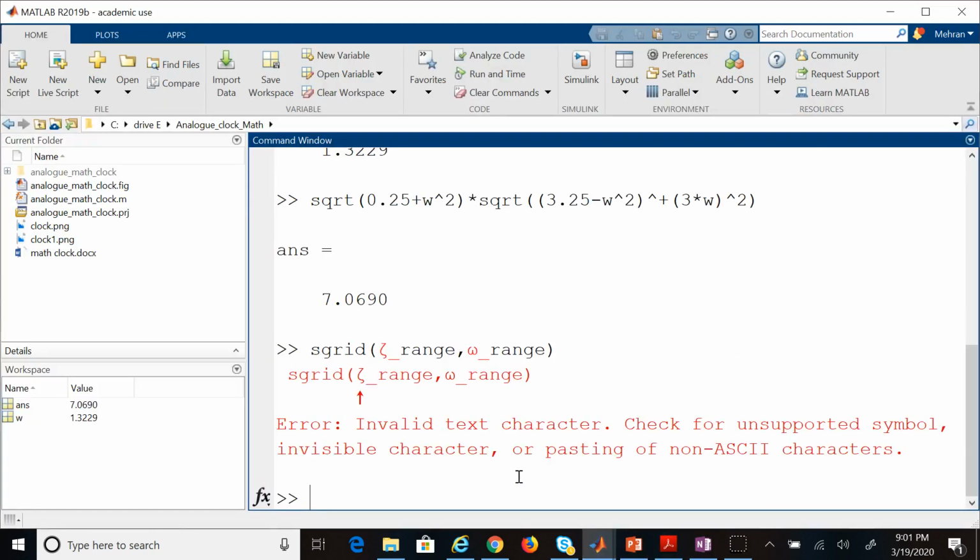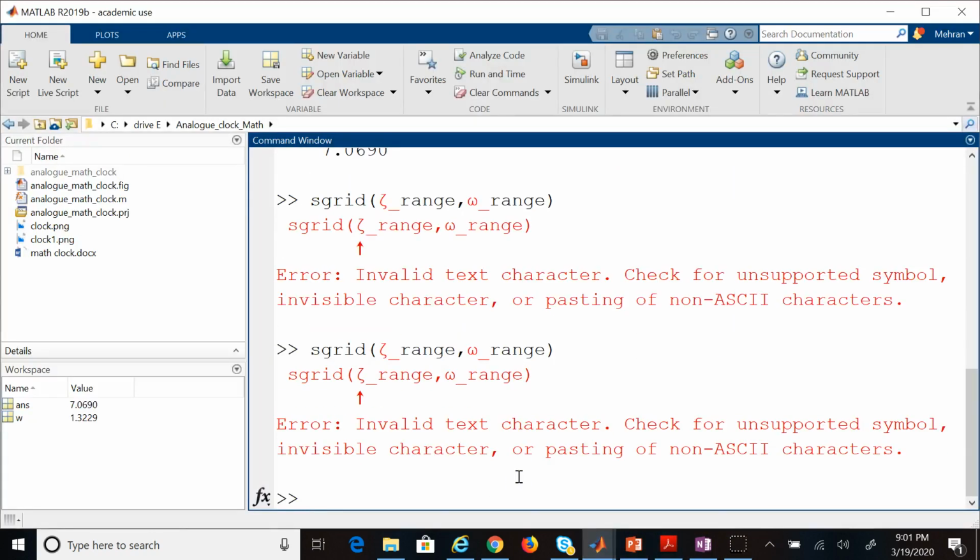So this is what I do. I say the zeta range, I want it to be 0.2, 0.5, and 0.8, and the omega range, I want it 0.5, 1, and 2.